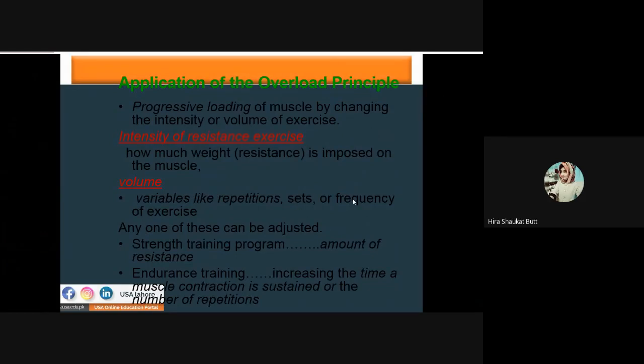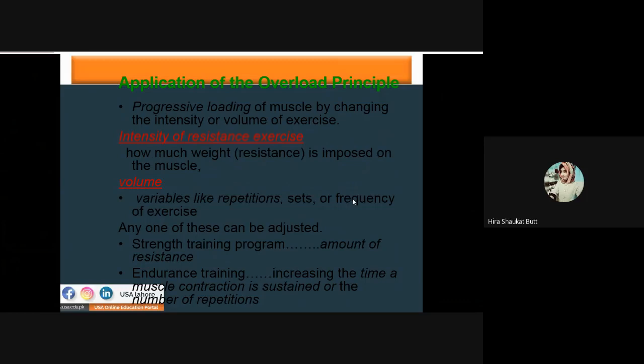It focuses on progressive loading of muscle by changing the intensity or volume of exercise. This is a very basic rule that we already know, that we have to increase the intensity or volume of exercises very gradually, very progressively. Similarly for loading of muscle, you have to increase the stress imposed on the muscle very gradually.